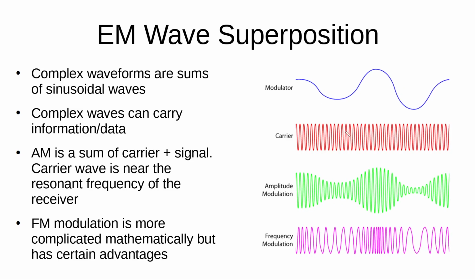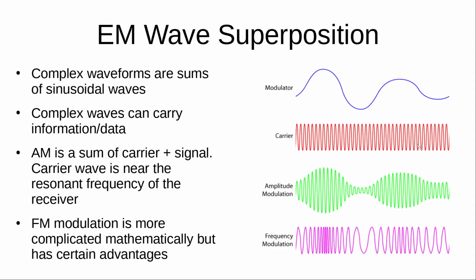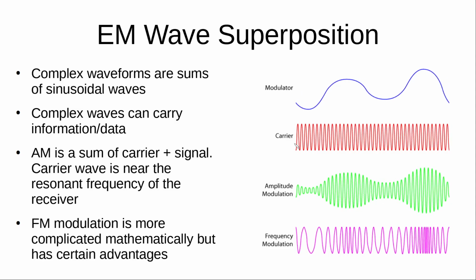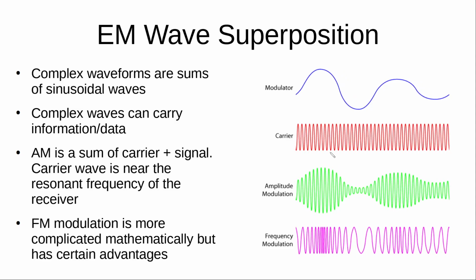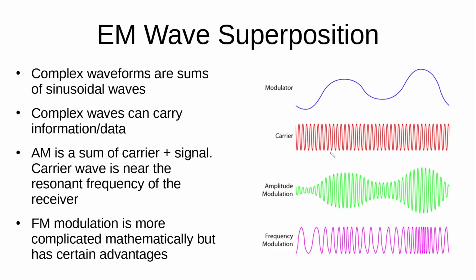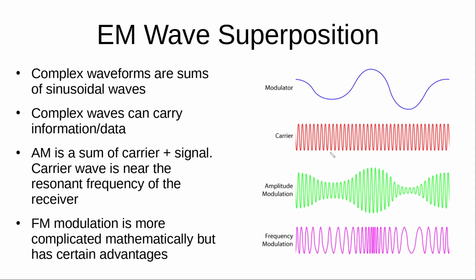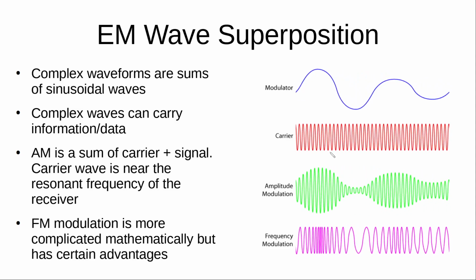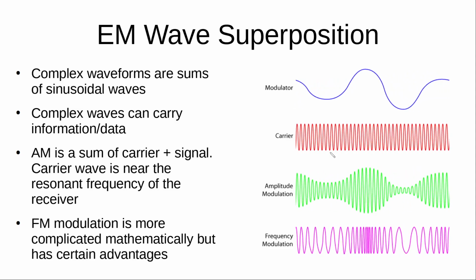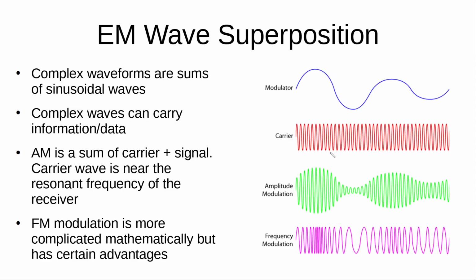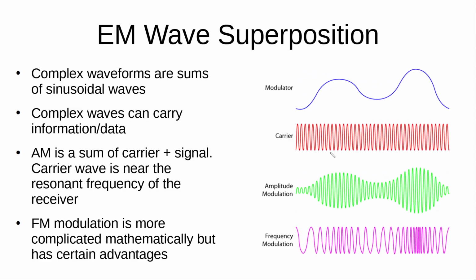All you're doing there is taking a carrier signal, some kind of high frequency signal. If you want to receive a signal, you want your receiving antenna to have a length which has a resonant mode that corresponds to the wavelength of the radiation.